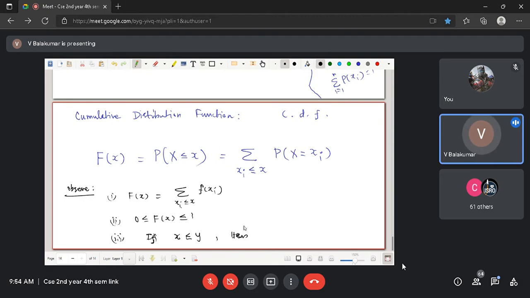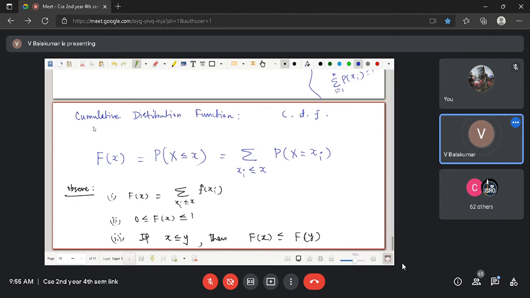Can somebody tell me what is the relationship between their cumulative probabilities? If x is less than or equal to y, then what is the relationship between the cumulative probability till that and till that? Less than or equal. Gradually you are adding your summation. We are doing summation.